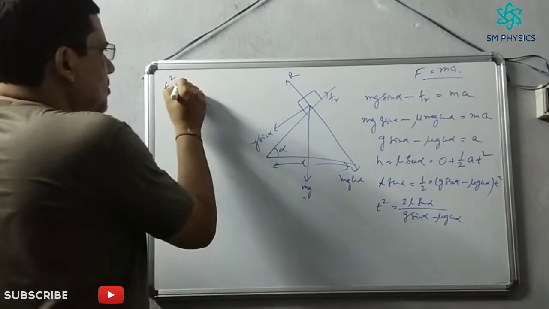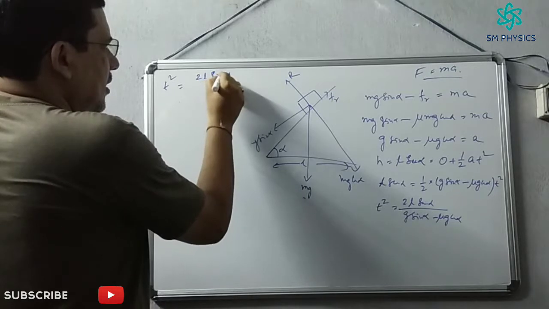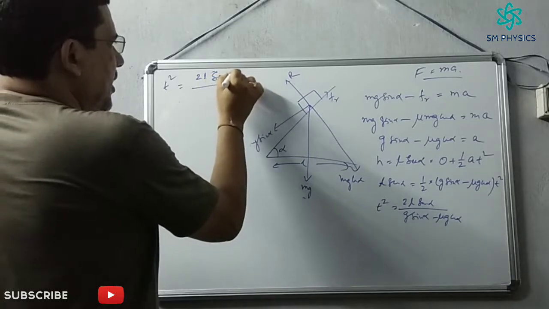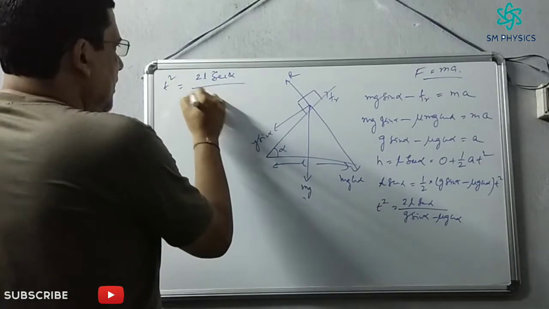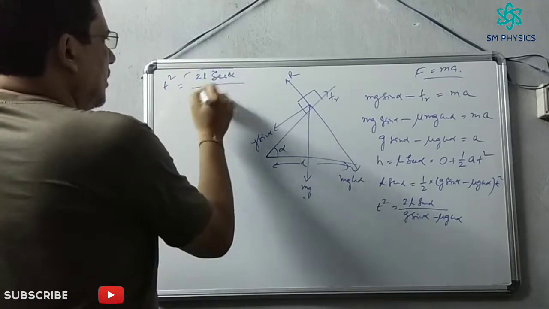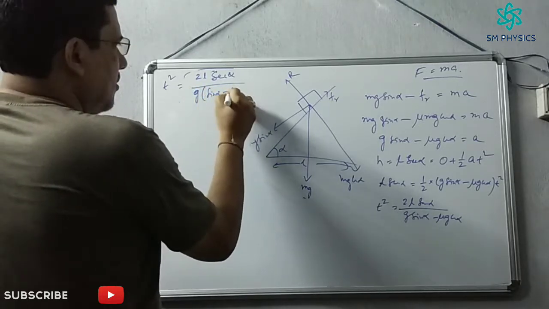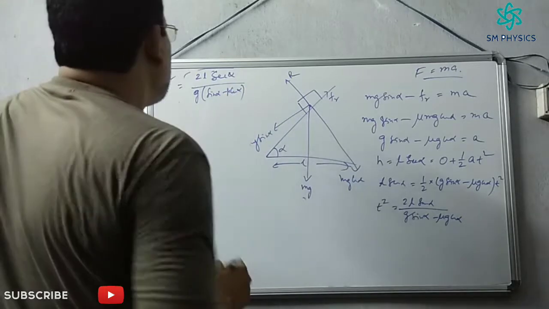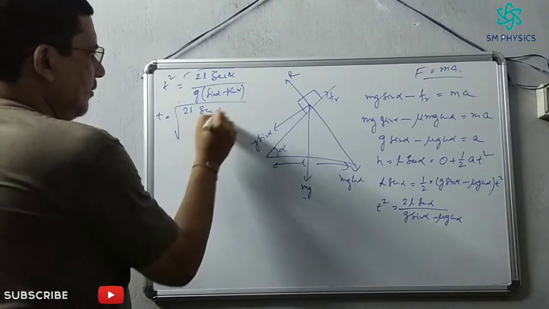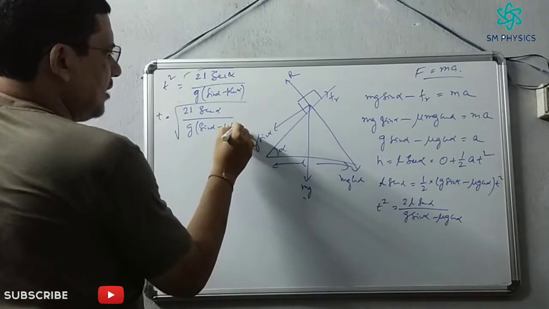Now t square equals 2L sec alpha divided by g into sin alpha minus mu cos alpha.